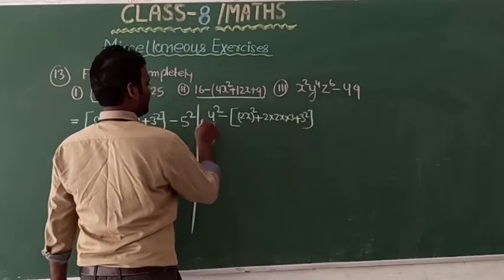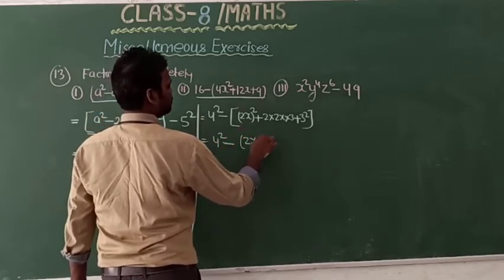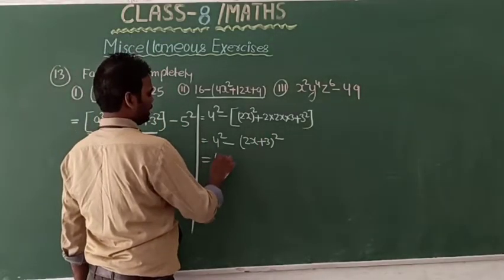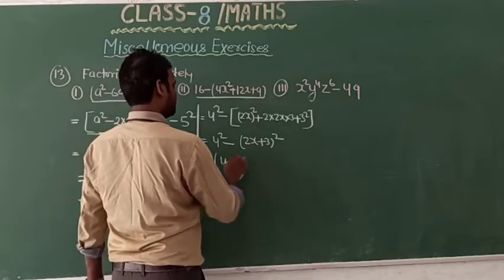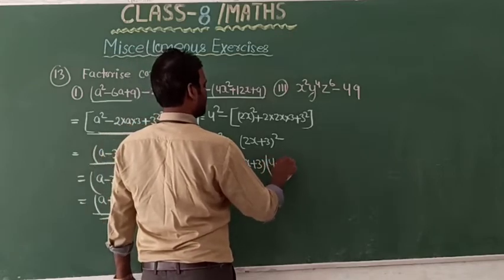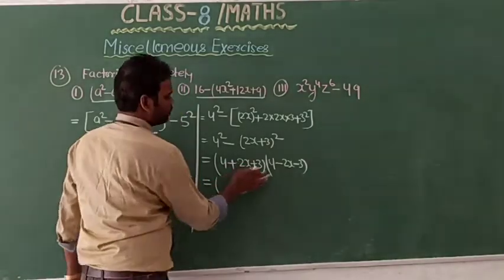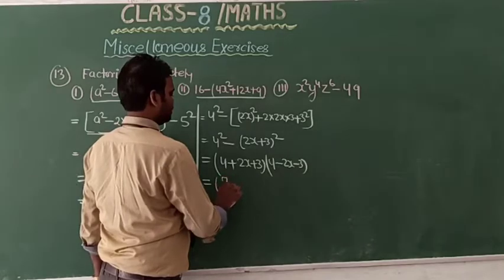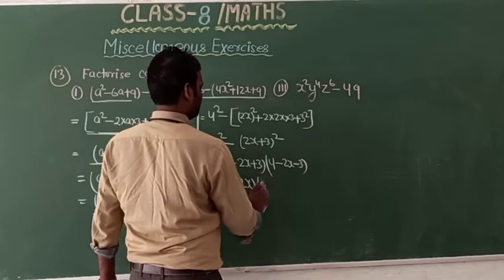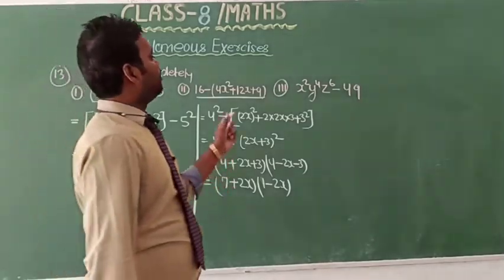So this is the identity, (2x plus 3)², which is equal to in one bracket 4 plus 2x plus 3 and 4 minus 2x minus 3. So this is (7 plus 2x) and (1 minus 2x). Okay, now move to the third part.